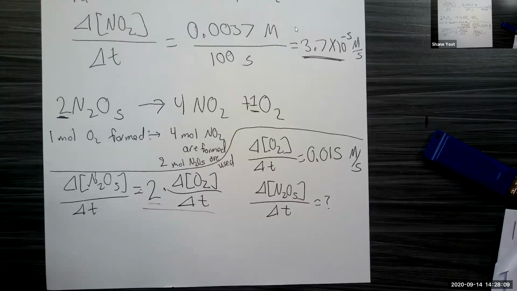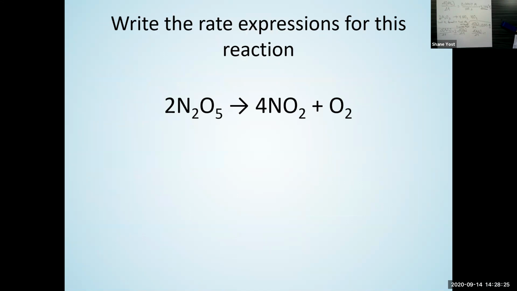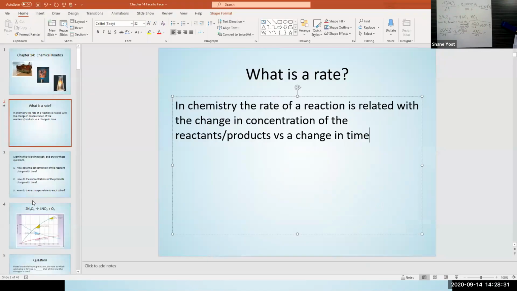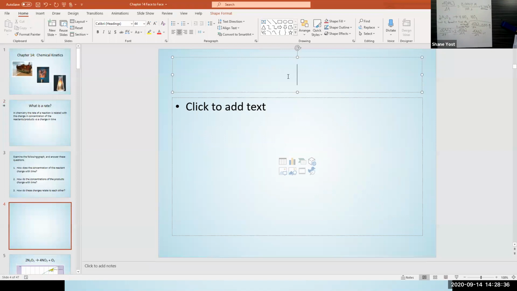All right, here. Oh shoot, all right, I skipped that slide. So let me add a slide here. I accidentally deleted a slide apparently.